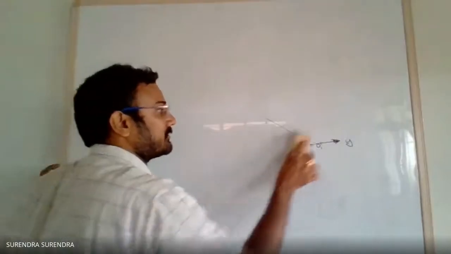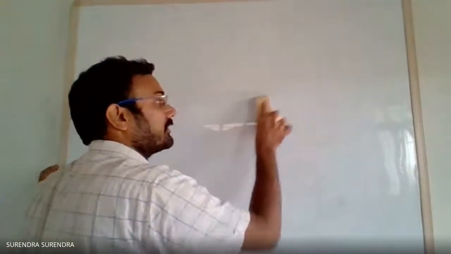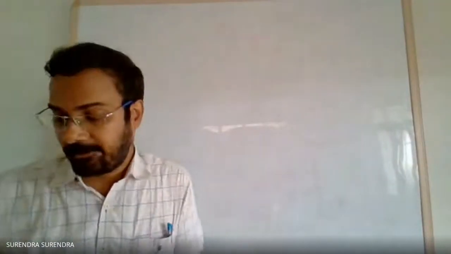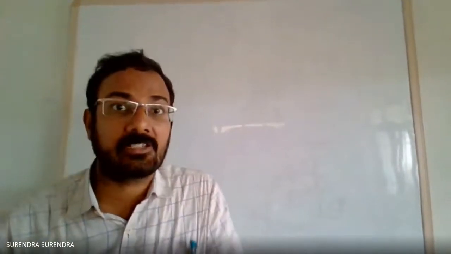Side view. It is only parallel to HP, not parallel to VP. Forget about parallel to VP. Sorry. Perpendicular to HP. So whenever the axis is inclined to a reference plane, make the axis perpendicular to that reference plane. So in this problem, it is given that the axis is inclined at some theta degrees to HP.